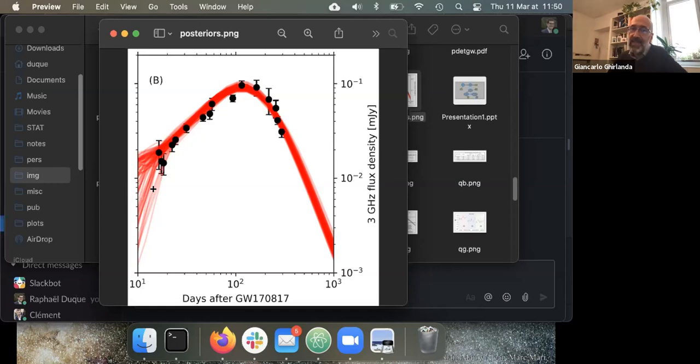In this region, the very early phases, the dependence of these curves is related to factors which are not under control in this modeling, such as the total opening angle of the structure of the jet, because either you can think about the structure extending to 90 degrees, or you can think about a structure which extends to some limiting angle.